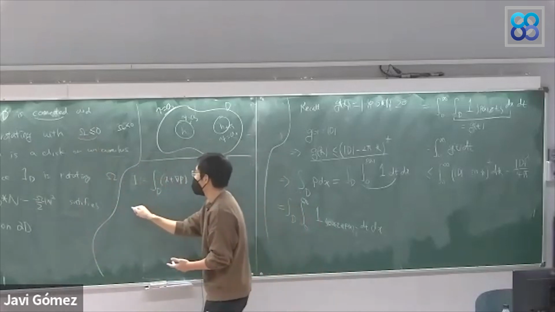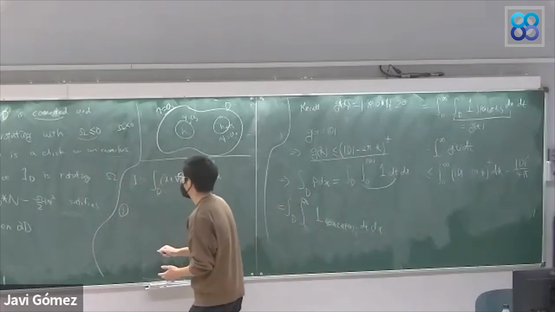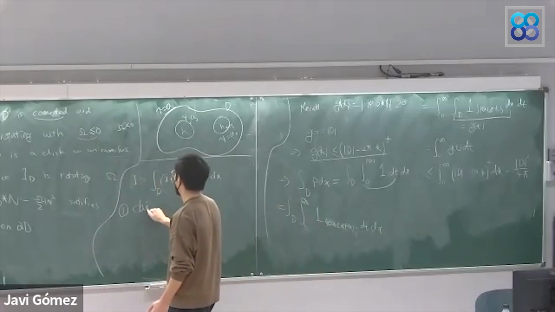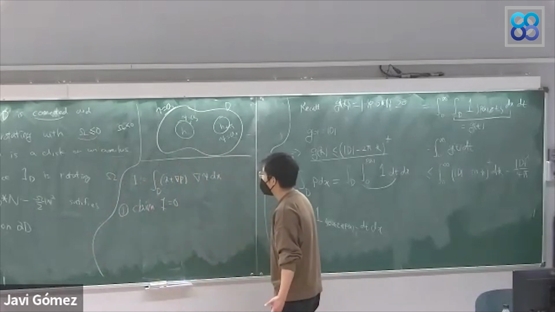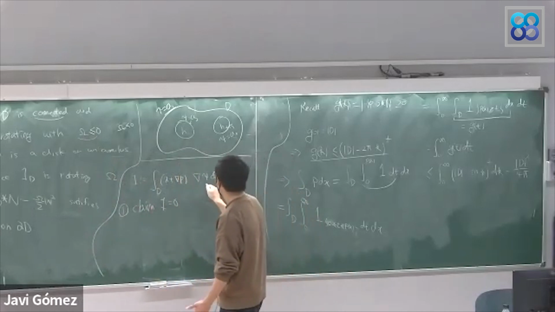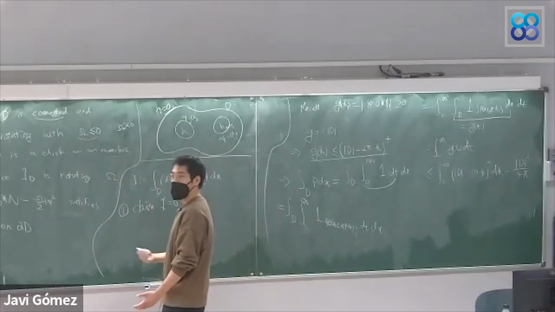Okay, so on the one hand, we claim that I equals 0. That's because we can just use integration by parts.